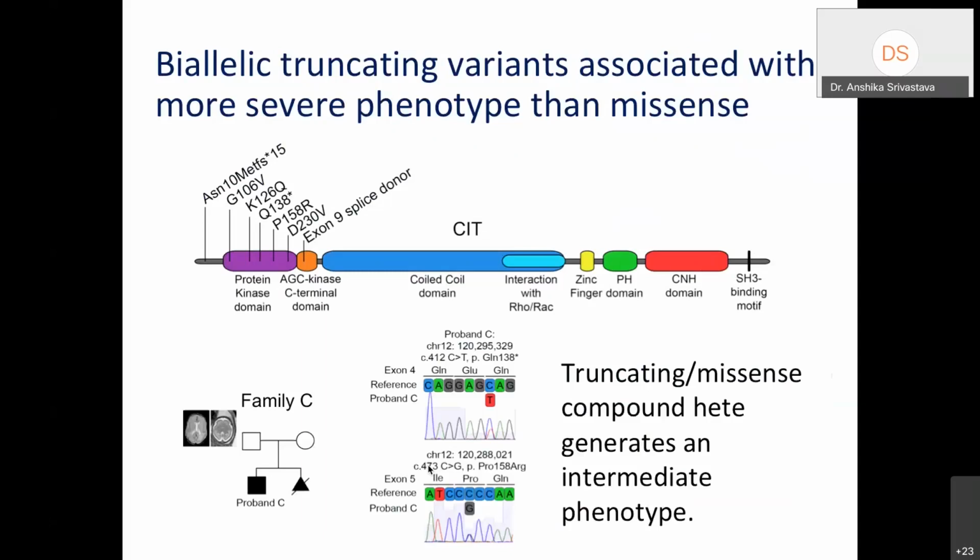So in this, truncating missense compound heterozygous generates an intermediate phenotype.